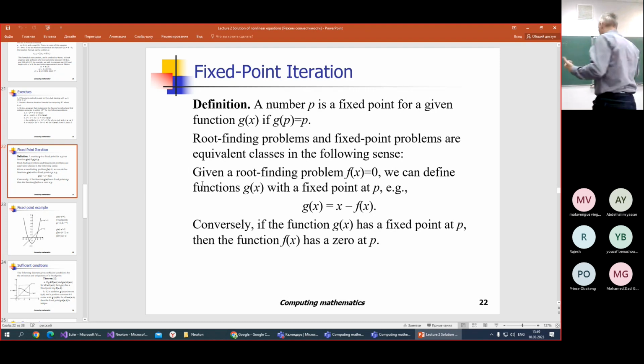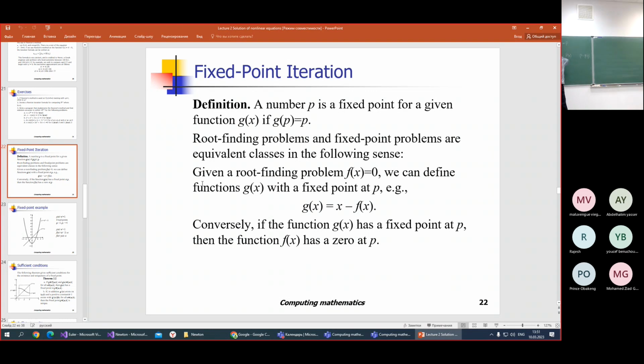If we have a root finding problem, that is, if we have an equation f of x equals 0, we can define an auxiliary function g of x equals x minus f of x, and if g of x has a fixed point at the point p, it means that p equals g of p.